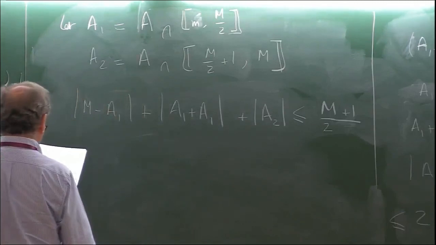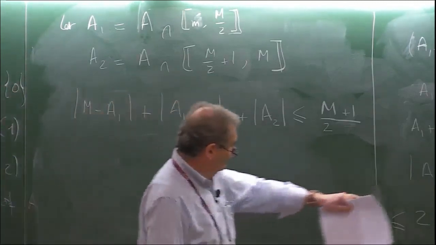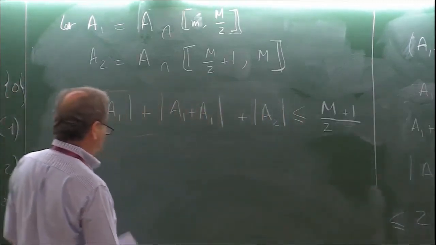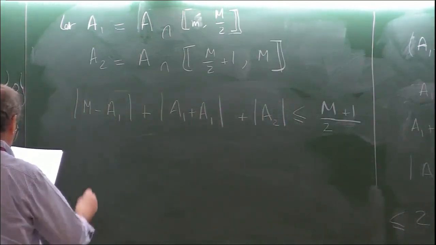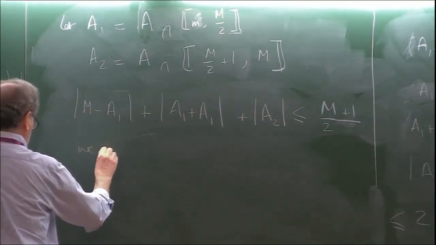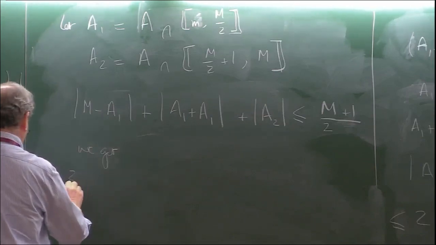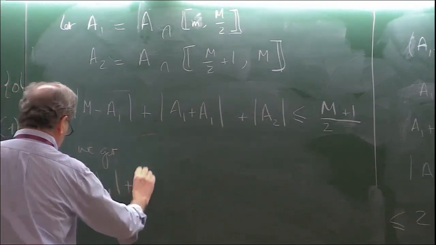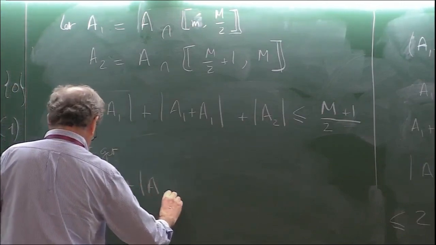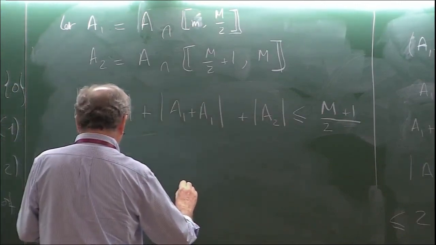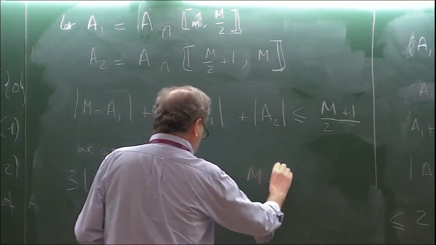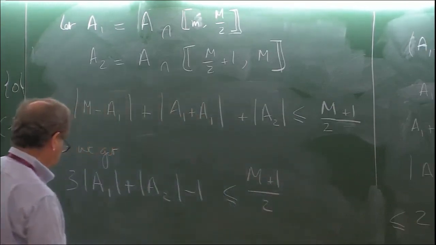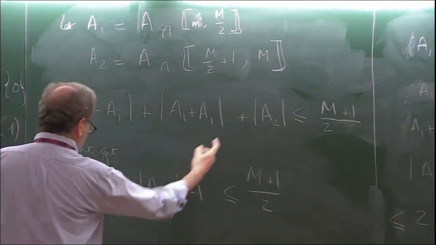And using also this relation, this is 2A1 plus A1. We get the following, that 3A1 plus A2 minus 1 is less than m plus 1 over 2. A2 comes from here.